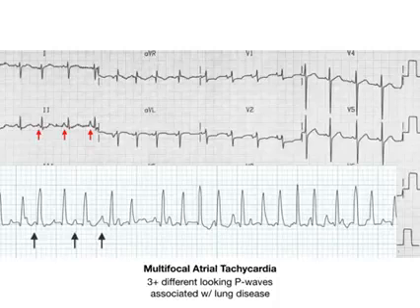And the reason that it's so high yield is, A, because the P waves will look different, and it's a very subtle finding that they want you to be able to notice on an electrocardiogram, but also because it's classically associated with lung disease. So look in the vignette. If they're giving you somebody who has COPD or asthma or pulmonary hypertension or sarcoidosis or whatever it is, it's probably going to be multifocal atrial tachycardia.